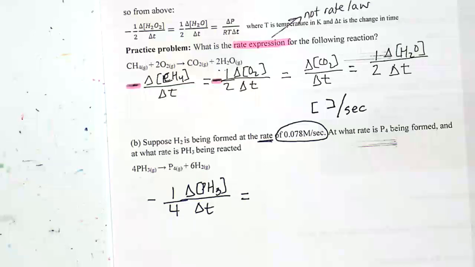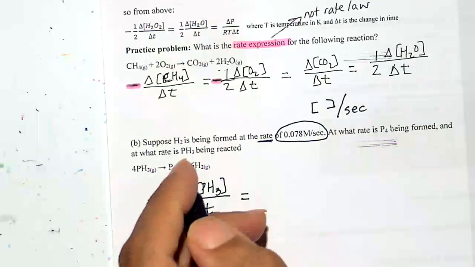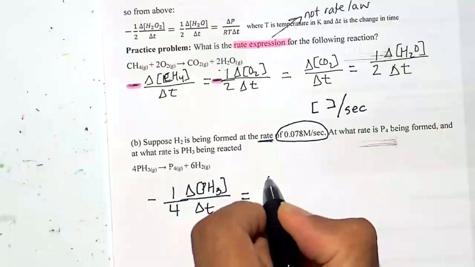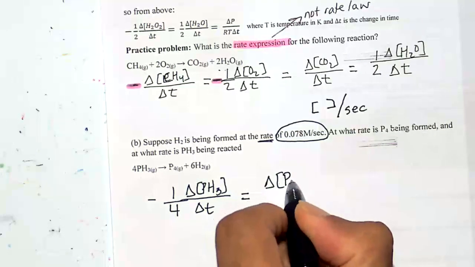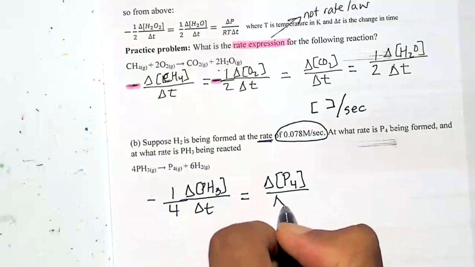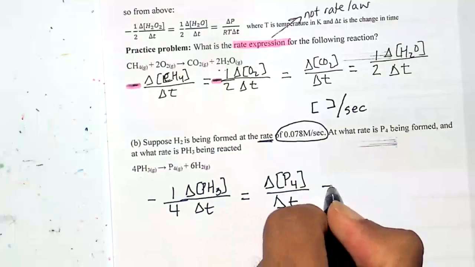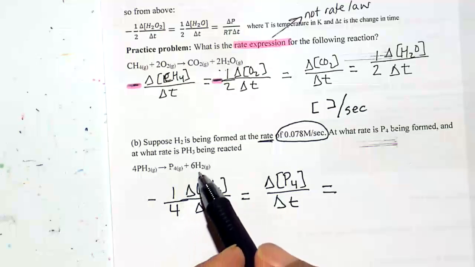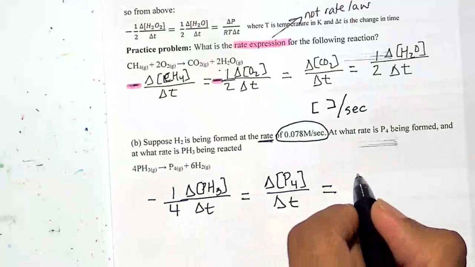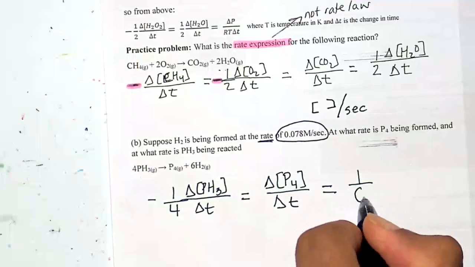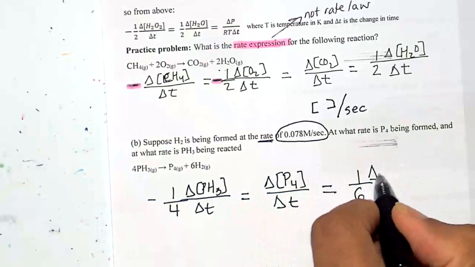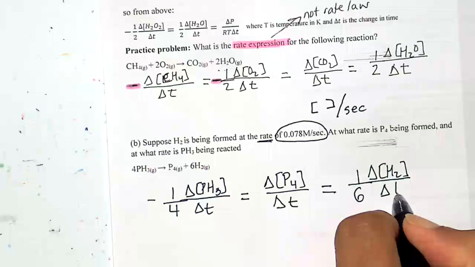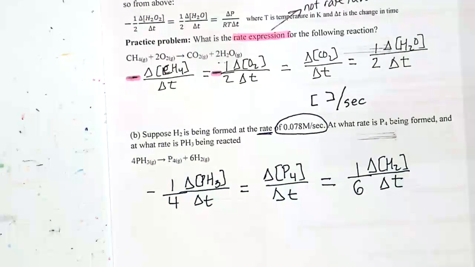Over that same window of time, P4 is a product, so it's going to increase by some change in concentration over that same increment of time. H2 is being formed at a rate of 6, so this is going to equal 1/6 the change in concentration of H2, over that same increment of time.